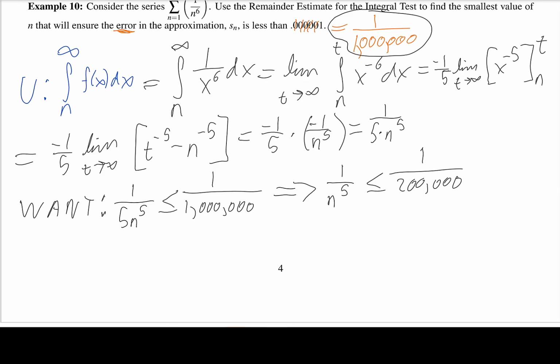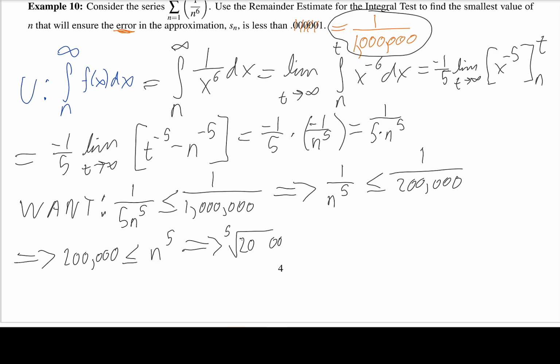The other way we can see this is by multiplying by n to the 5th on both sides and by multiplying by 200,000 on both sides. So that'll give us that 200,000 has to be less than or equal to n to the fifth, which means that n has to be greater than or equal to the fifth root of 200,000.